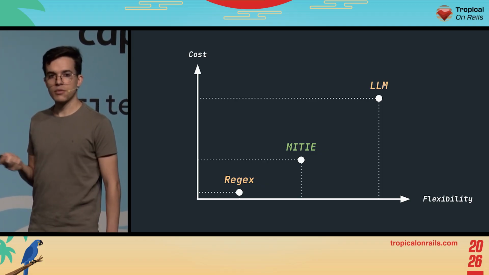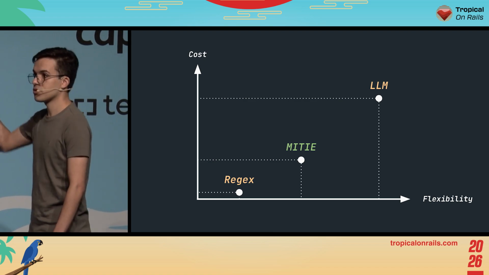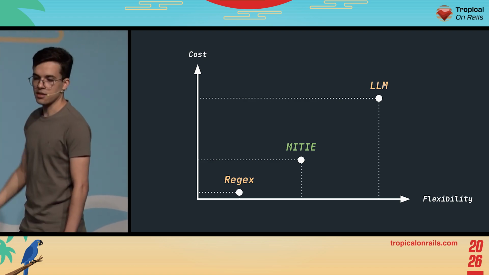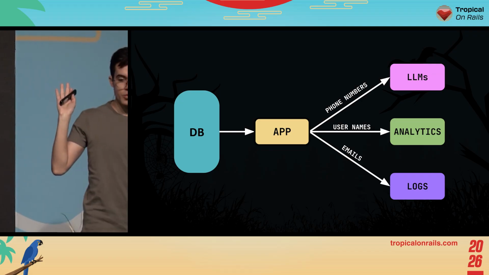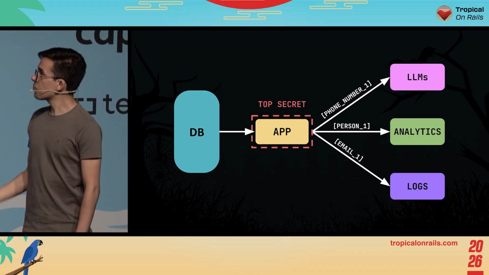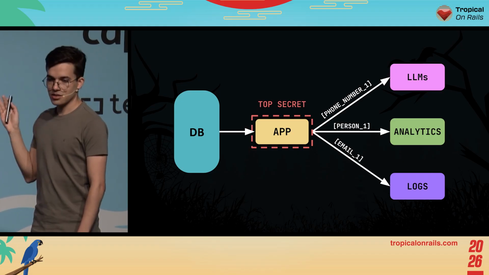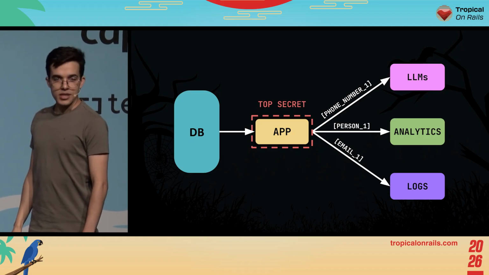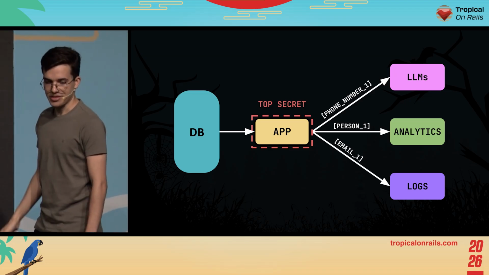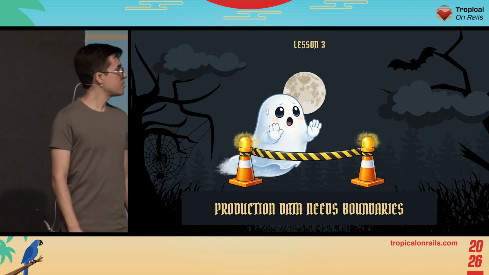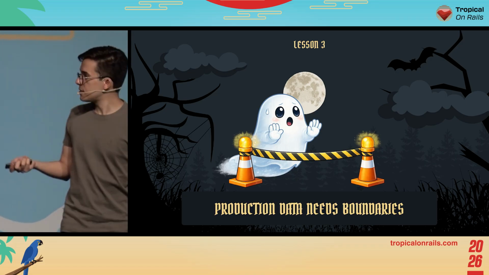It's more flexible than a regex, but you don't have to jump all the way to the cost of an LLM. So instead of sending all of that protected information to an external service, hopefully Top Secret helps you just send the labels, and now data won't be leaked, and everyone will be happy ever after. So the third lesson here is that production data needs boundaries.